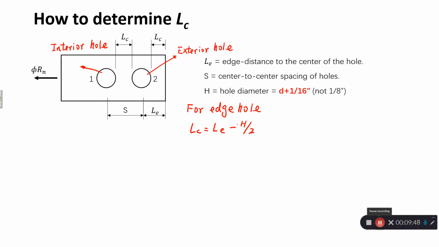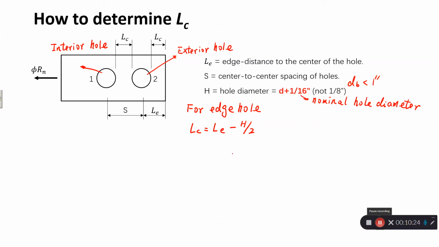This H is the hole diameter, the nominal hole diameter. So it's d plus 1/16 for most standard bolts. Here we're talking about db less than 1 inch.